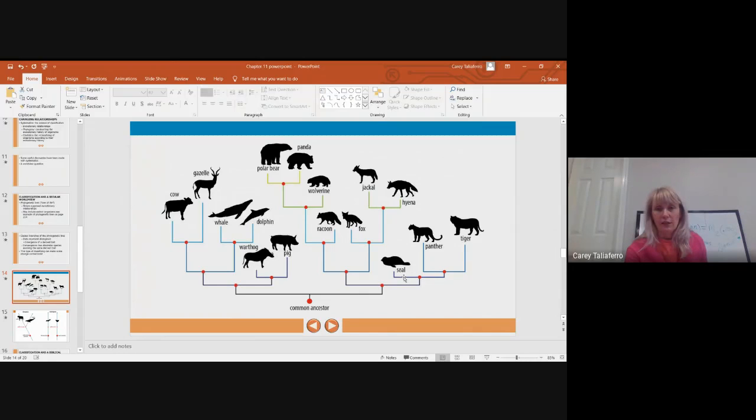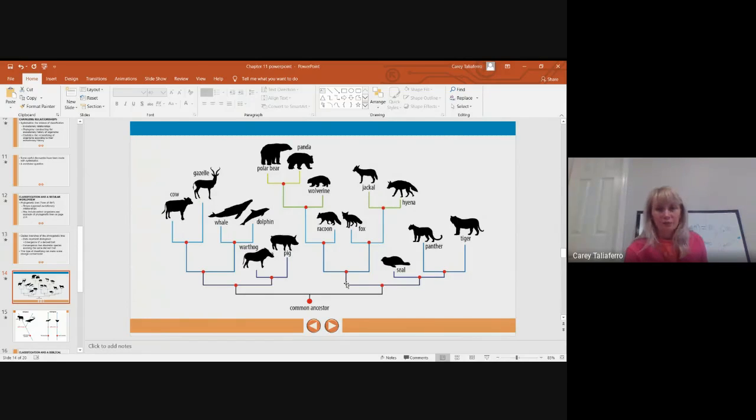And you get a seal. Then another common ancestor close to it is a panther. You can understand why panther and tiger add another branch, because they're both cats. But if you come back to the seal, it doesn't have another neighbor close by.